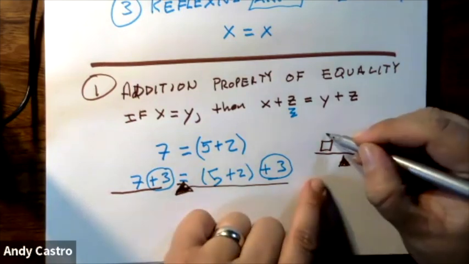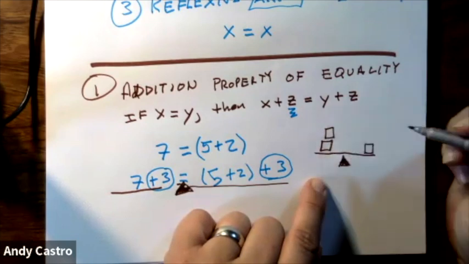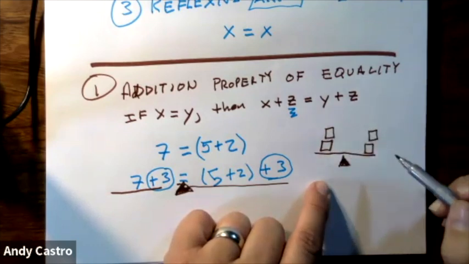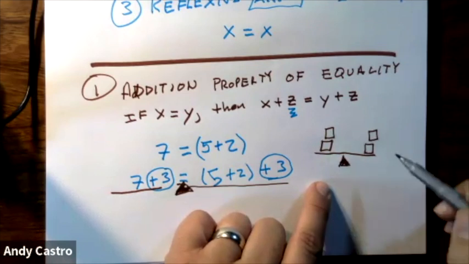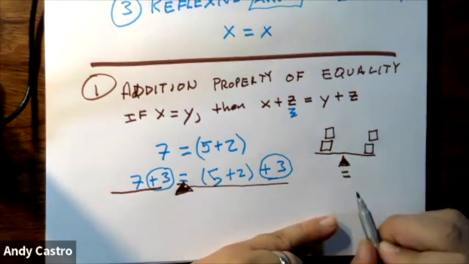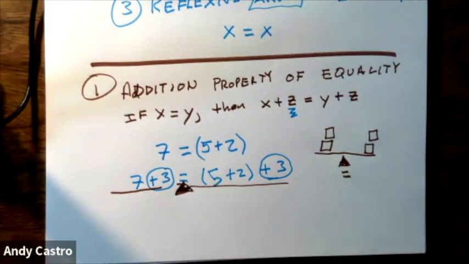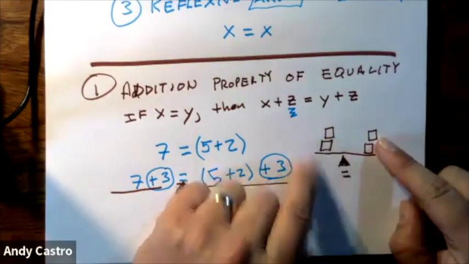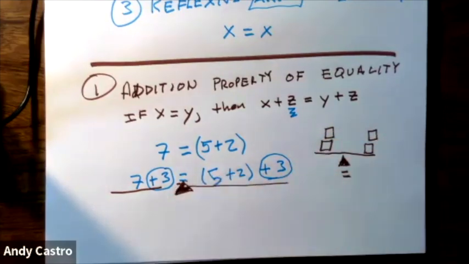And if I add weight to one side, I have to add the exact same amount of weight to the other side in order to keep the balance, or what I call in order to maintain the integrity of equality, we must add or subtract, multiply or divide the same thing on both sides of the equation.